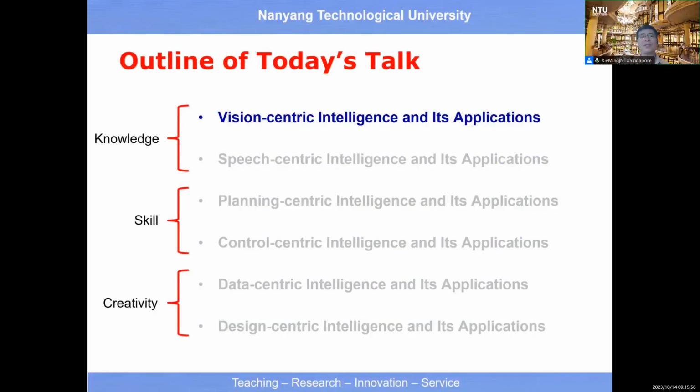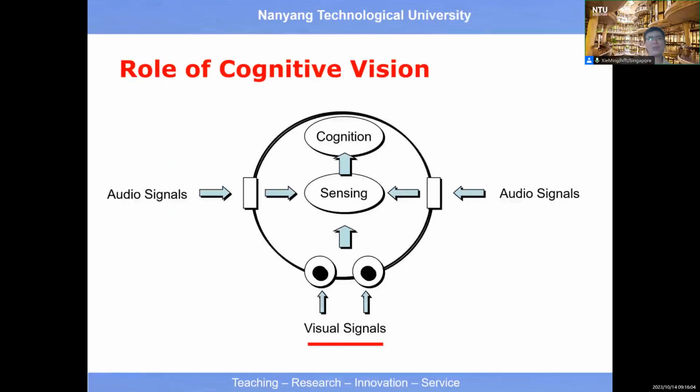All right. Okay, so let's start with the first category of example of knowledge-centric application. Just now I mentioned we human beings are living inside the ocean of a signal. So we are like a fish, we are surrounded by signal.